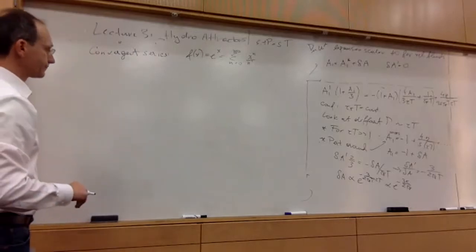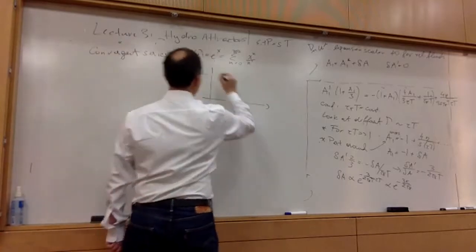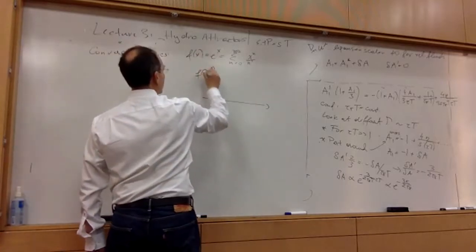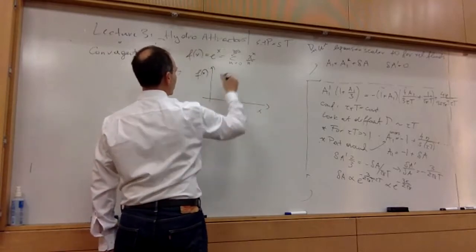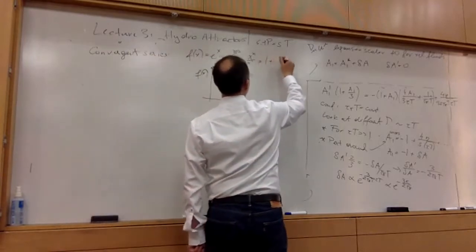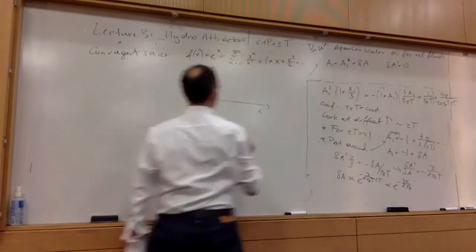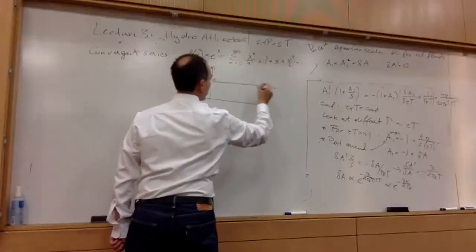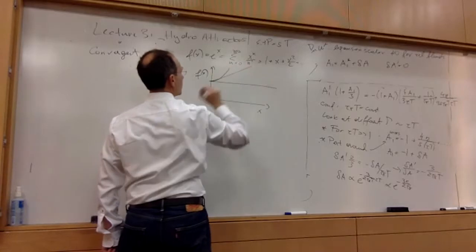In particular for this series, let's do an example of f of x versus x. If I start with the leading order terms, this is 1 plus x plus x squared over 2 and so on and so forth. So we get 1, and we get 1 plus x, and we get 1 plus x plus x squared over 2, and so on.